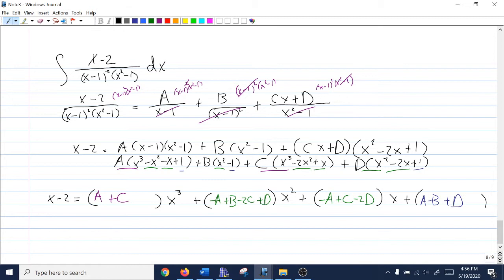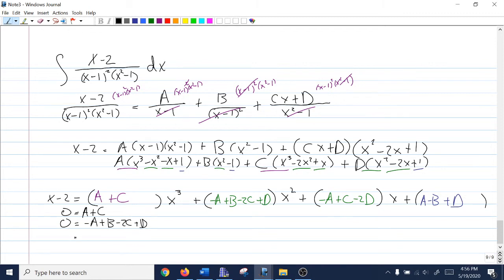Our system of equations becomes a plus c equals, how many x cubed are on the left-hand side? There are 0. My x squared coefficient is negative a plus b minus 2c plus d needs to equal the x squared coefficient. That is also 0.